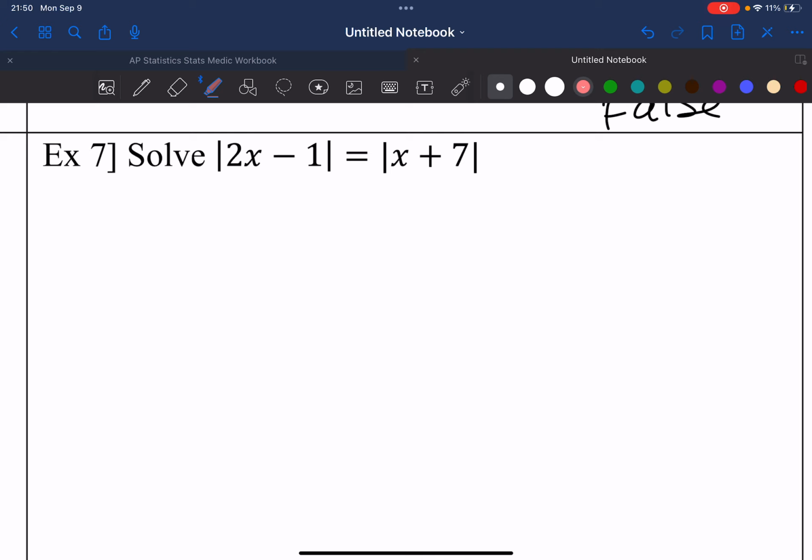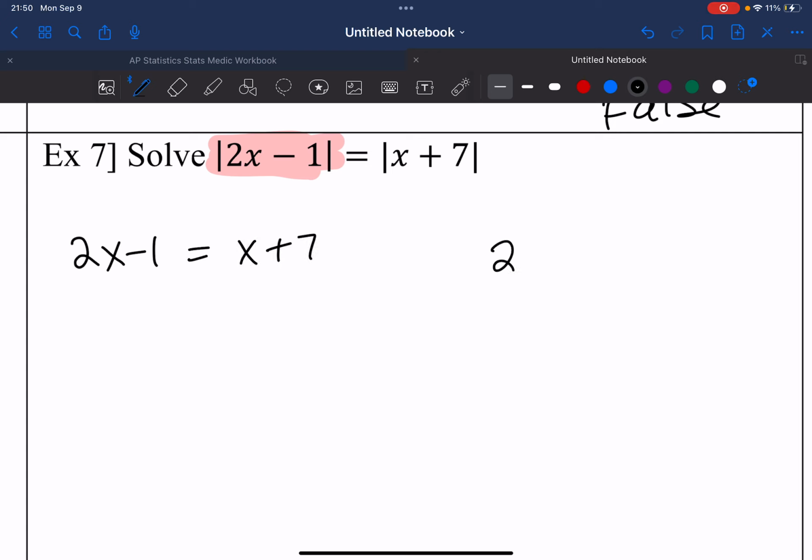Again, since we have an absolute value equal to another absolute value, we're just going to choose one of them to be the absolute value. So 2x minus 1 is going to be my absolute value. Since it's already isolated, then I'm going to write my two equations. So I have 2x minus 1 equals x plus 7, and 2x minus 1 equals negative x plus 7.